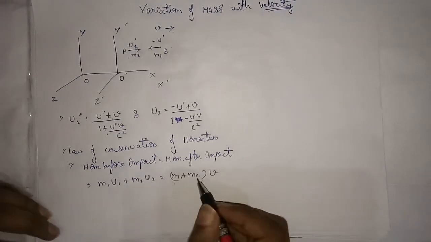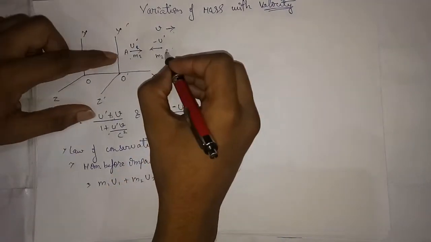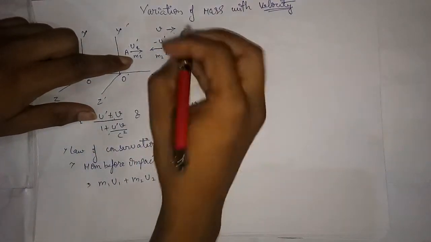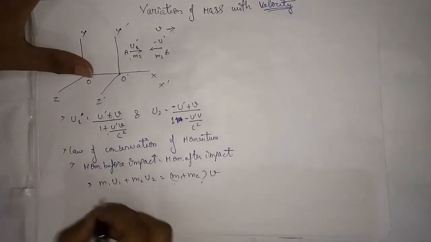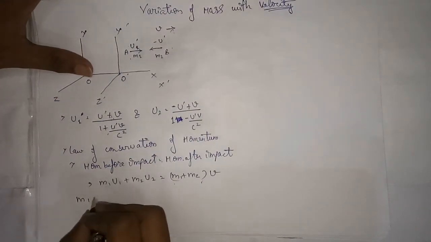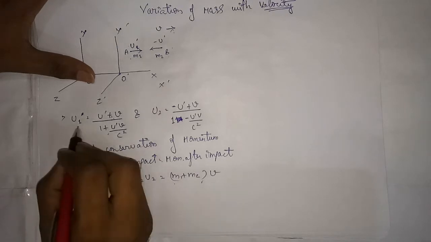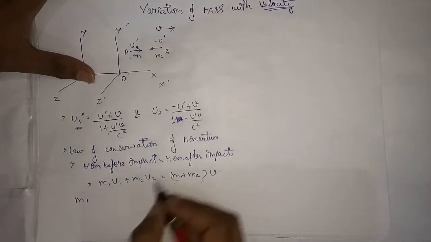This is because at the time when both the particles collide with each other, their masses unite and they have velocity v, right? So we put the value of u1, this one, and u2, this one.